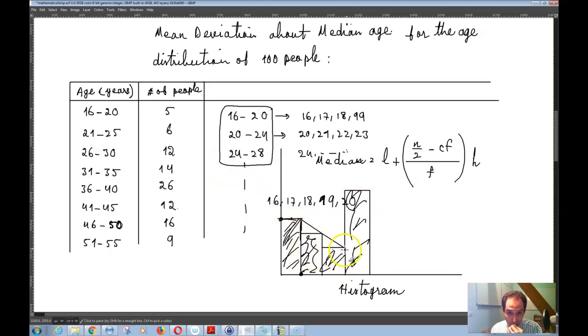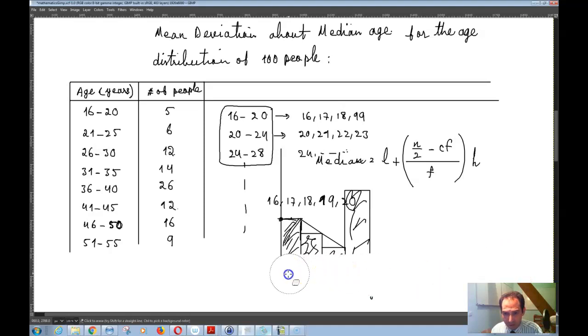So long story short, because of all of those reasons, these classes have to be continuous, which fits with every other part of statistics. So you have to make them continuous.